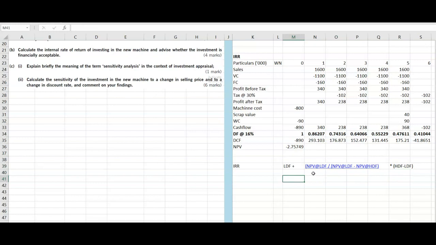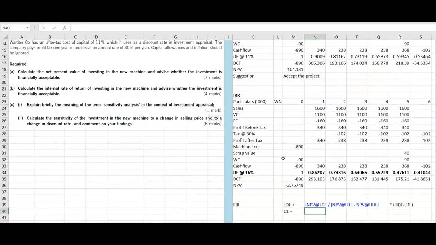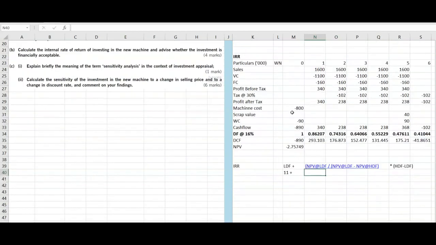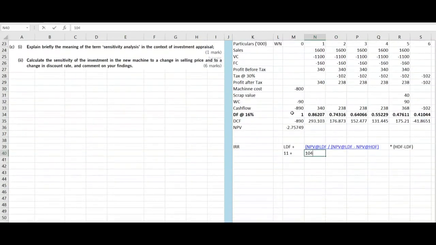So we'll do them each separately like how we have done here. So low discount factor in this table is, we had 11%. With that 11% we have to add some other number. NPV at low discount factor is 104. So we'll take that number 104, divided by again 104.